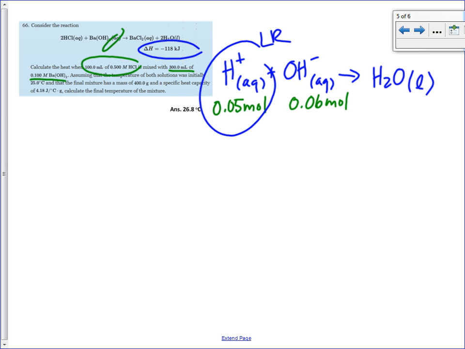I know that I'm going to react 0.05 mole of hydrogen ion because it's the limiting reactant. So I'm going to use that plus the information from the thermochemical equation to figure out how much heat energy I'm dealing with here.